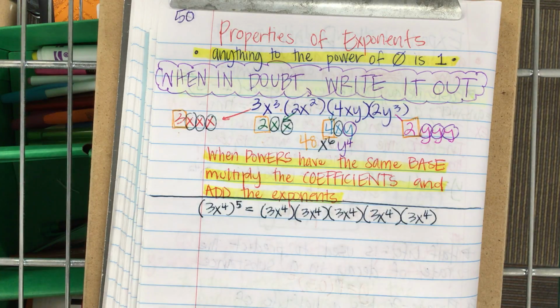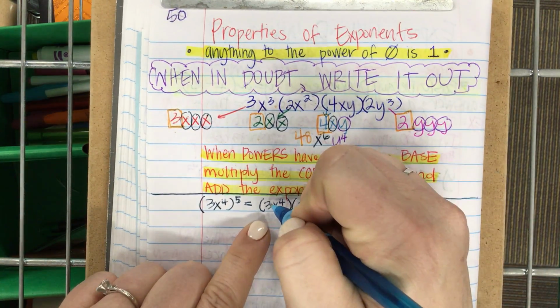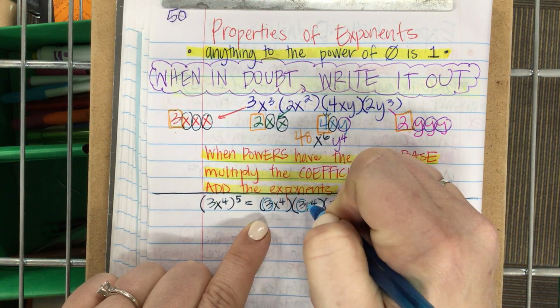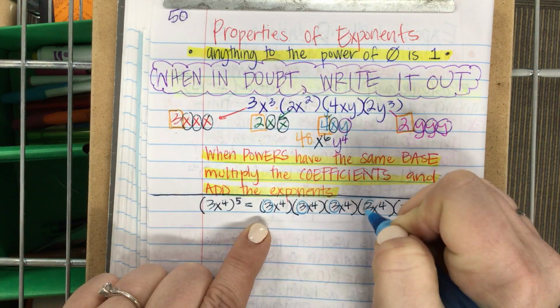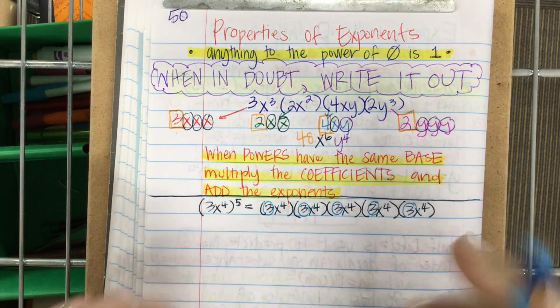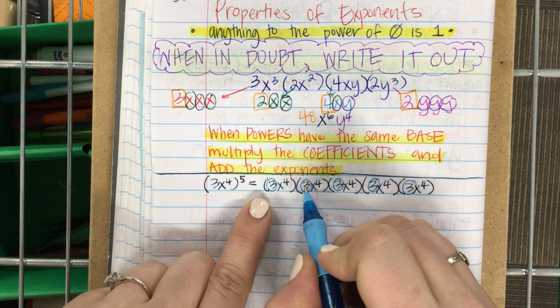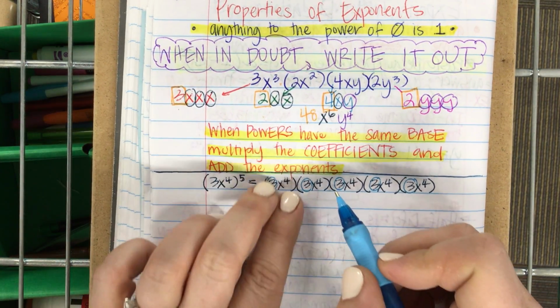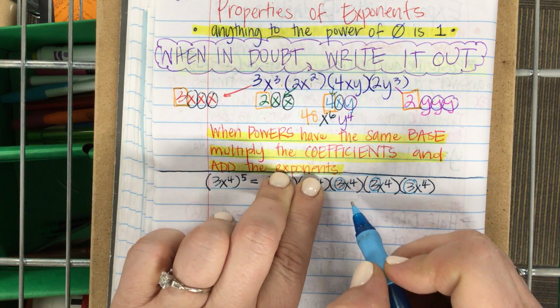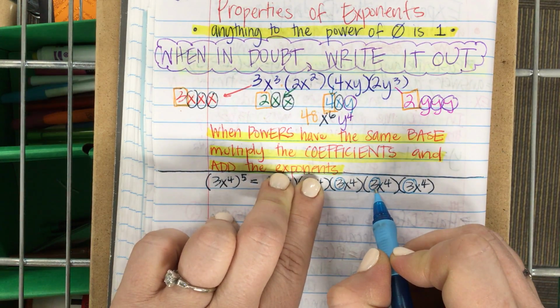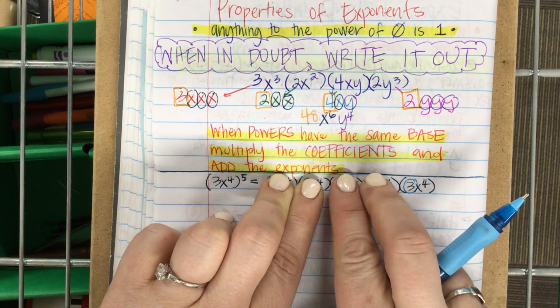So I'm going to multiply 3 times 3 times 3 times 3 times 3. What's 3 times 3? 9. I'm going to cover those two up.